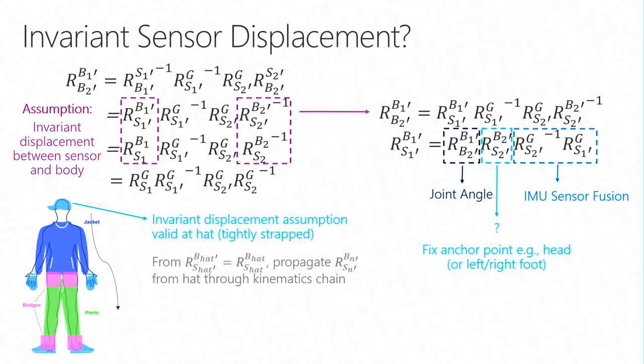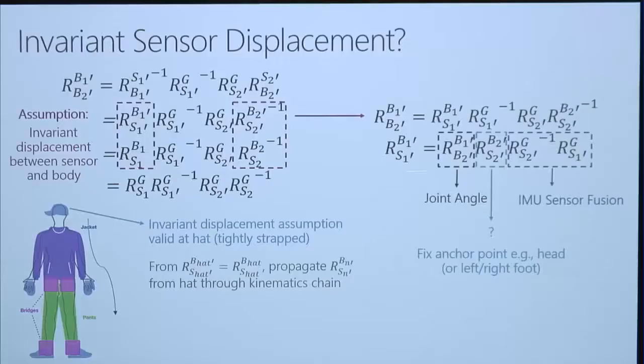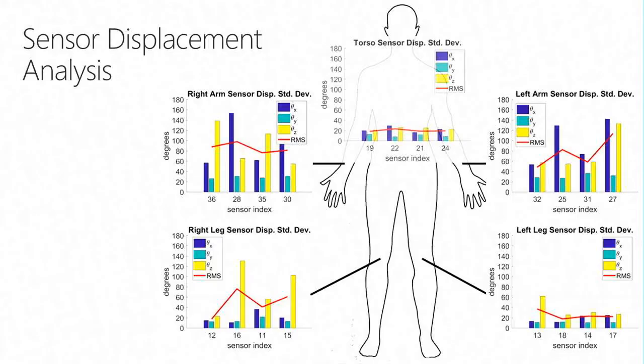If we fix this anchor point here, the invariant displacement assumption is still valid at this point. So we get this value, we can plug this into this equation as the first equation through the whole kinematic chain. From the head, we can propagate this piece of information along the whole chain and get the displacement of all the sensors. So the result of the displacement analysis is this.